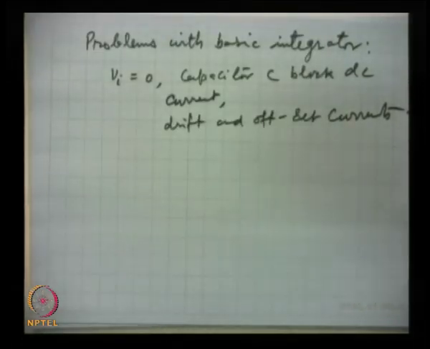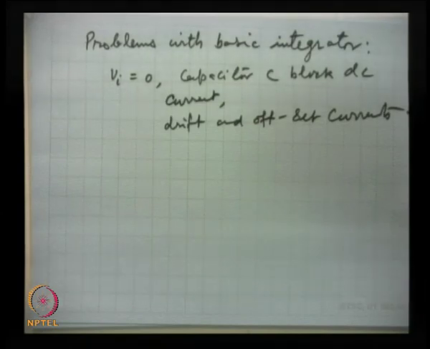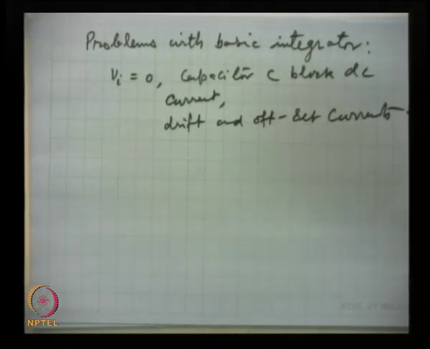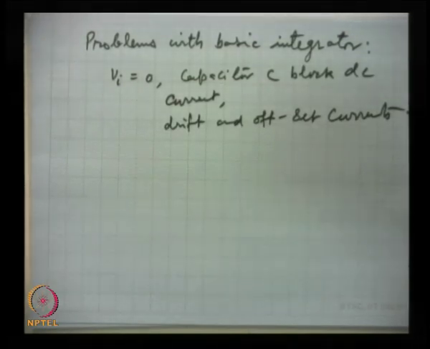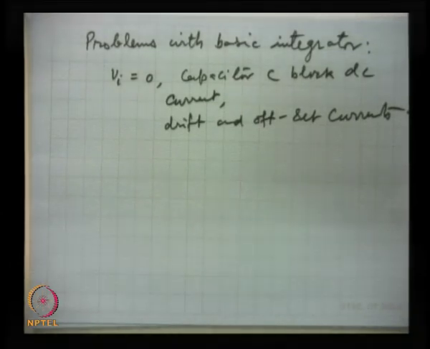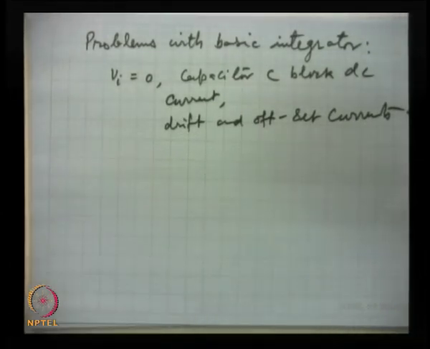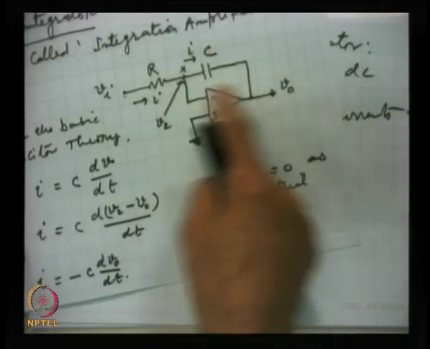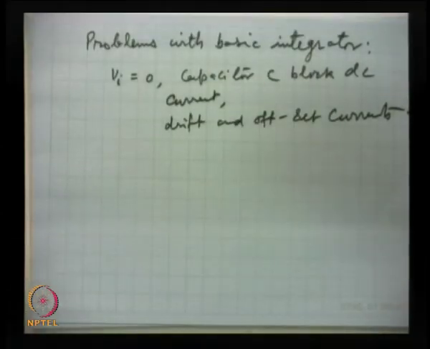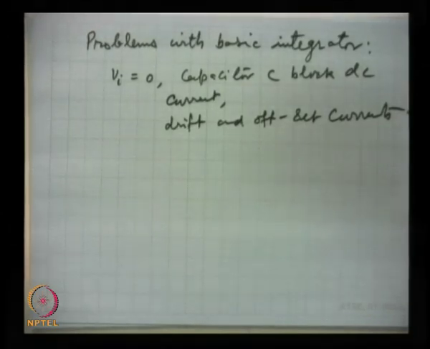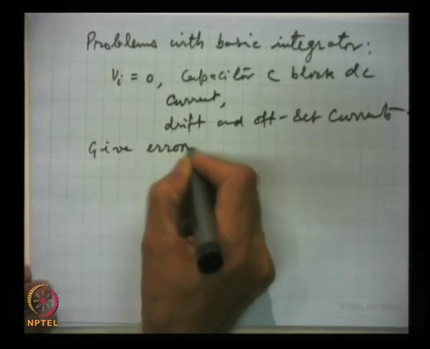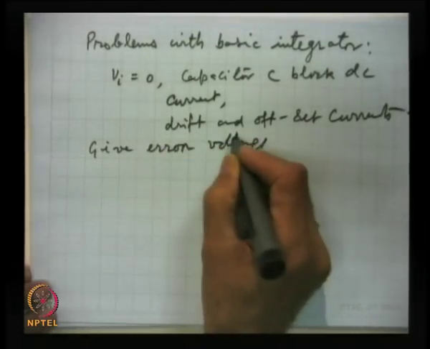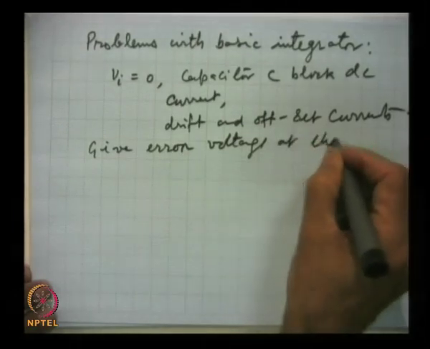This output voltage is an error voltage, and it should not be there. When the input voltage is 0, the output voltage should be 0, but it will be finite because of the charging of the capacitor, and that voltage is amplified by the circuit, giving an error voltage at the output.